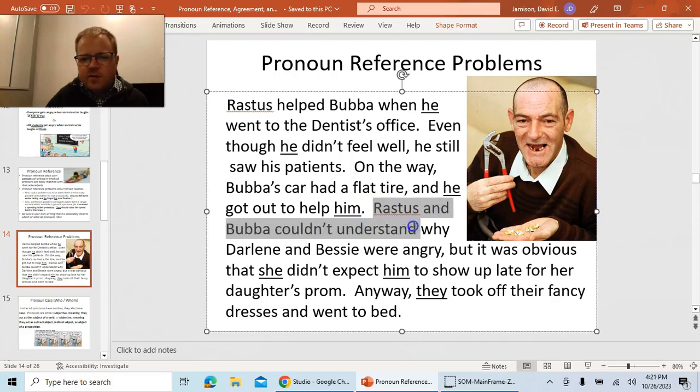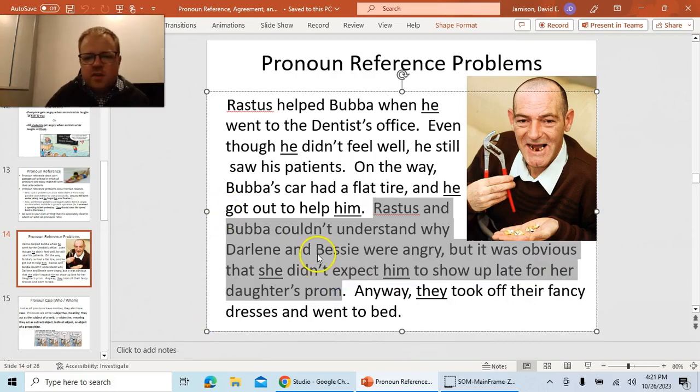Rastus and Bubba couldn't understand why Darlene and Bessie were angry, but it was obvious that she didn't expect him to show up late to her daughter's prom. So this time we don't know if she is referring to Darlene or Bessie. We don't know if him is referring to Rastus or Bubba.